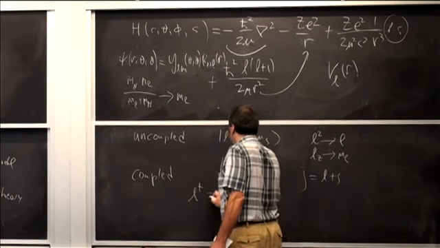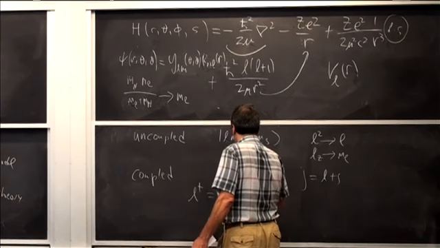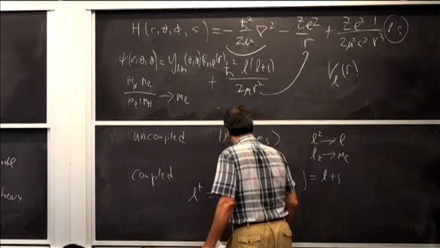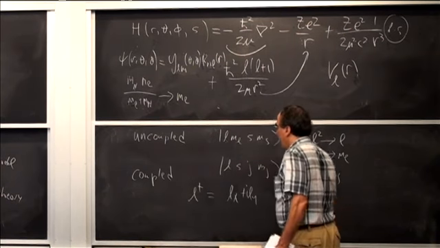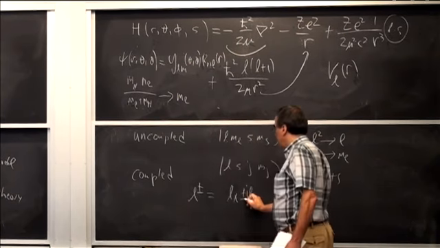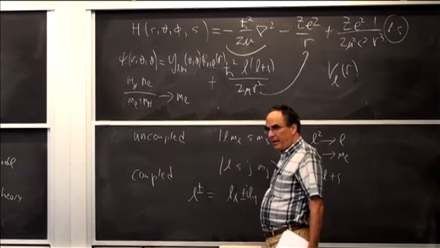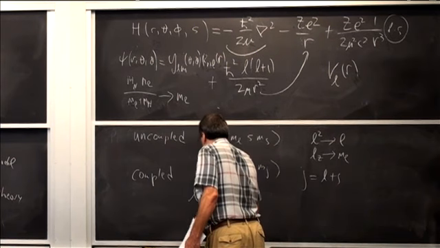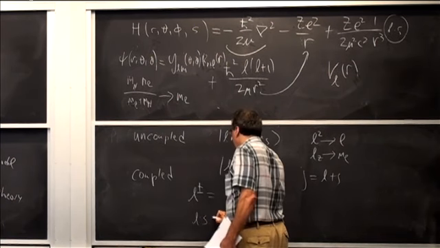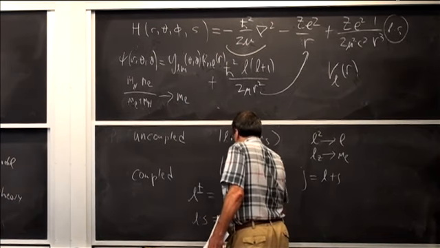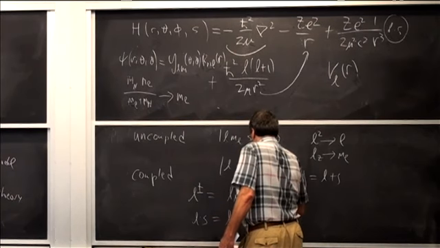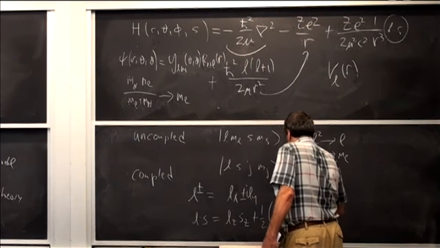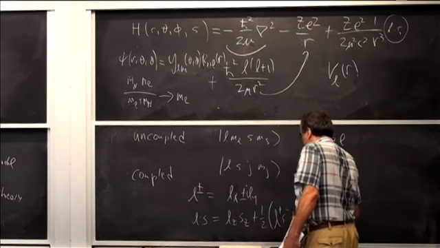And so L plus is LX plus iLY, and L minus is LX minus iLY, and L dot S is LZ SZ plus 1/2 (L plus S minus plus L minus S plus).